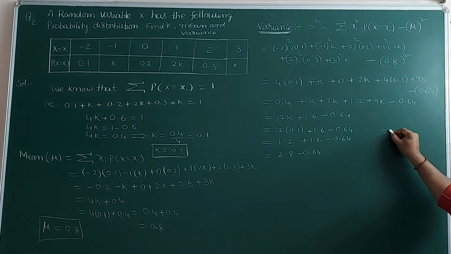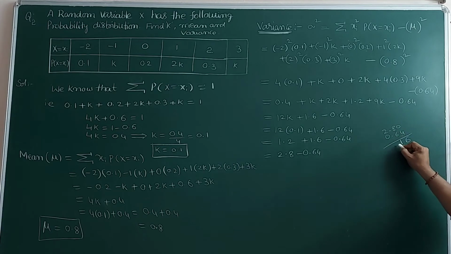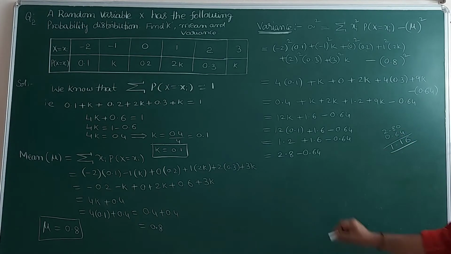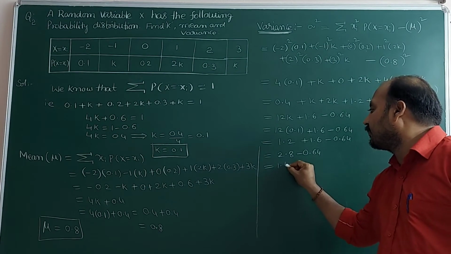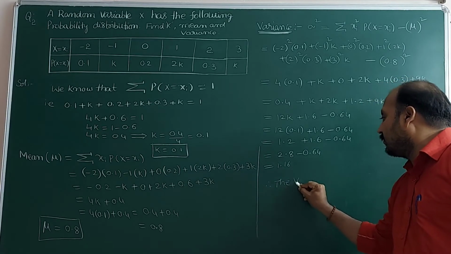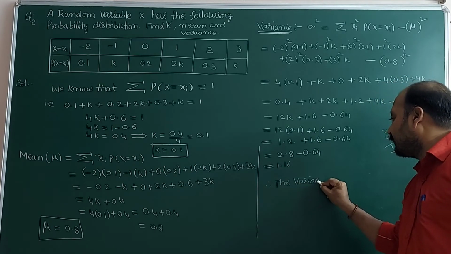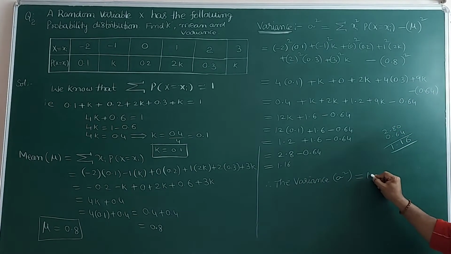So 2.8, we can write 2.80, minus 0.64. So here 6, 1. So 1.16. So therefore the variance sigma square is equal to 1.16.